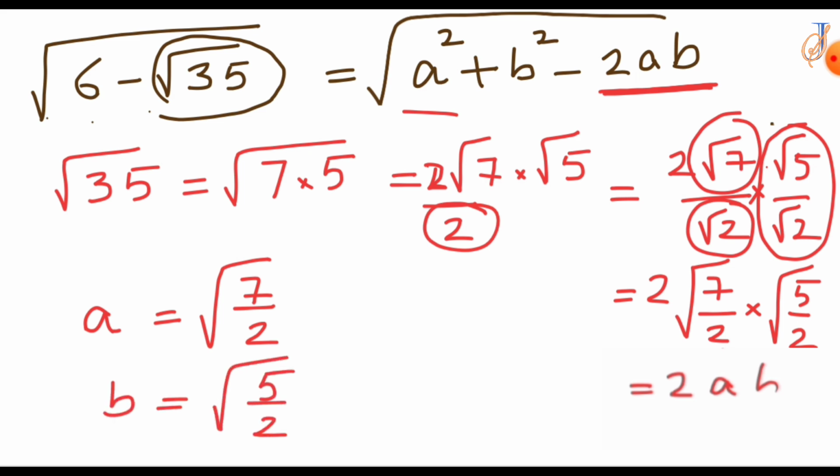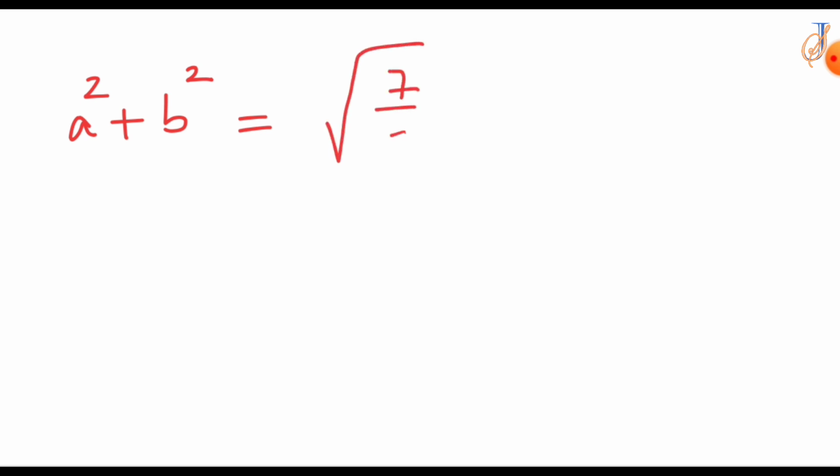But we need to check: when you add a power 2 plus b power 2, we need to get 6. Are you getting 6 or not? We have to find out first. A power 2 plus b power 2 is equal to, what is our a value? Square root of 7 over 2 whole power 2. This is a power 2. What is the b value?